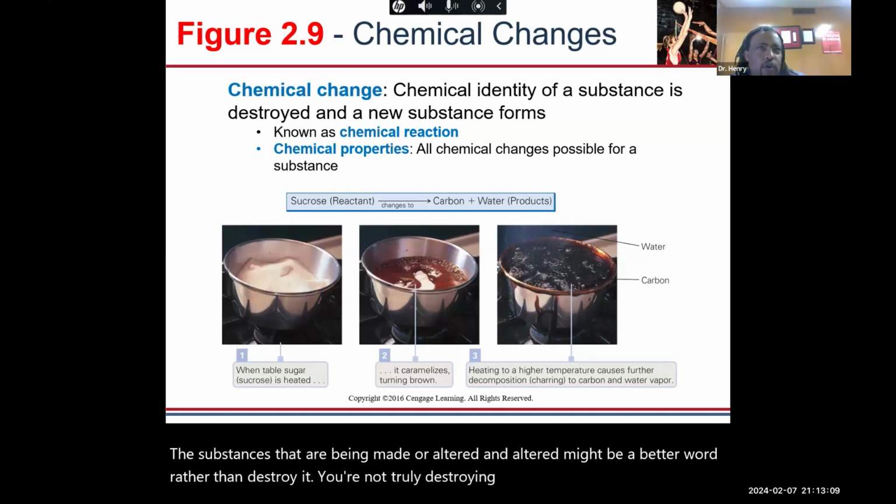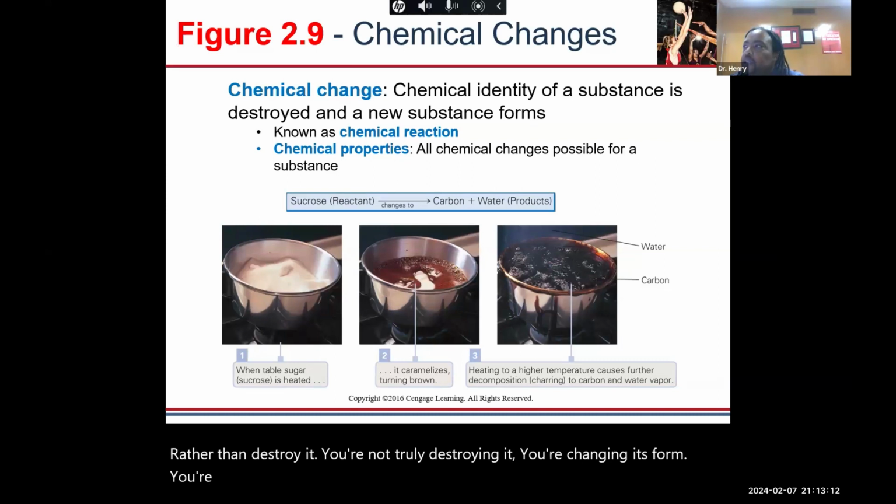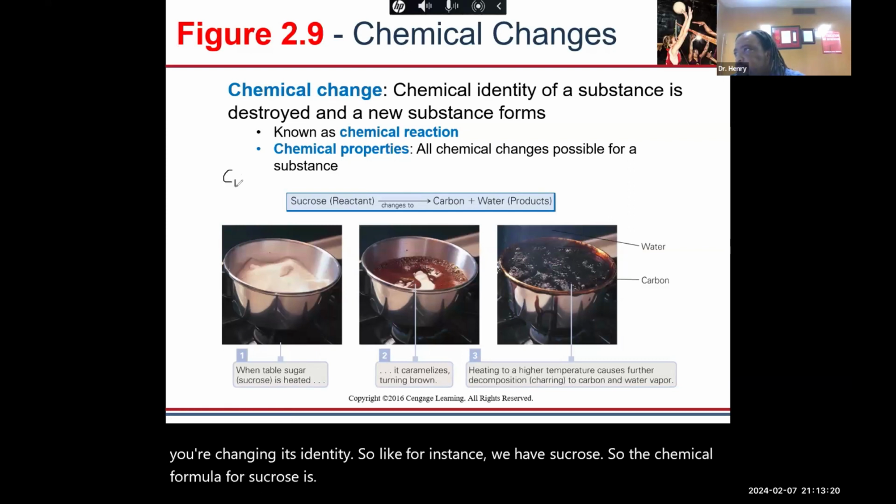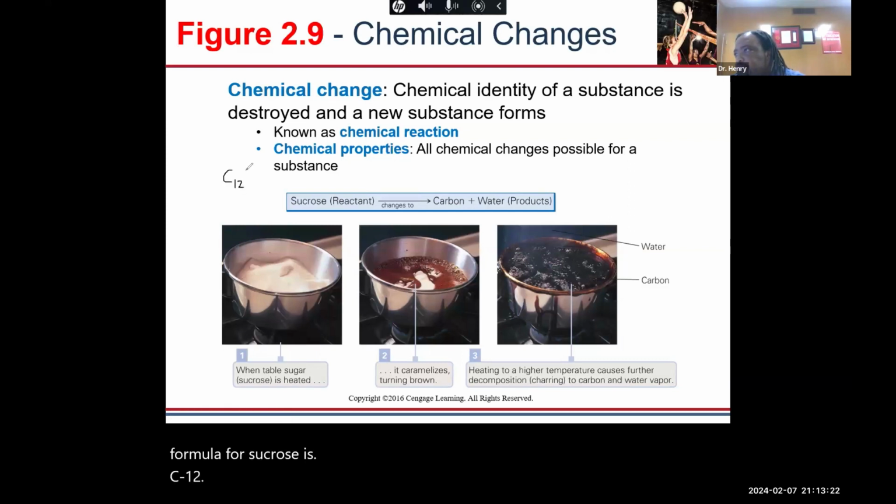You're changing its form. You're changing its identity. So, for instance, we have sucrose. The chemical formula for sucrose is C12H22O11.